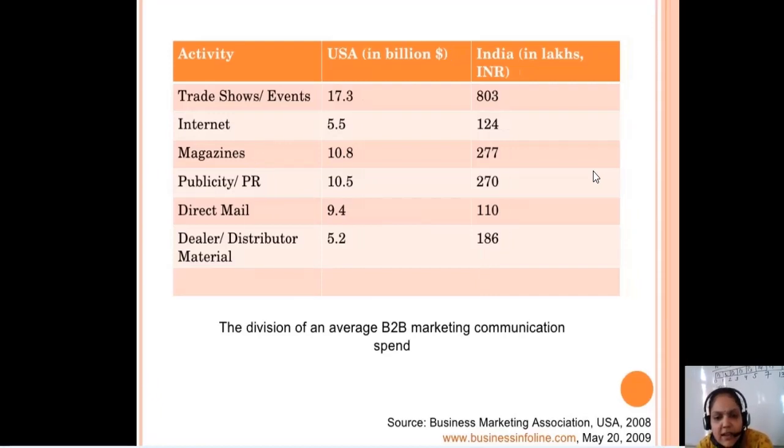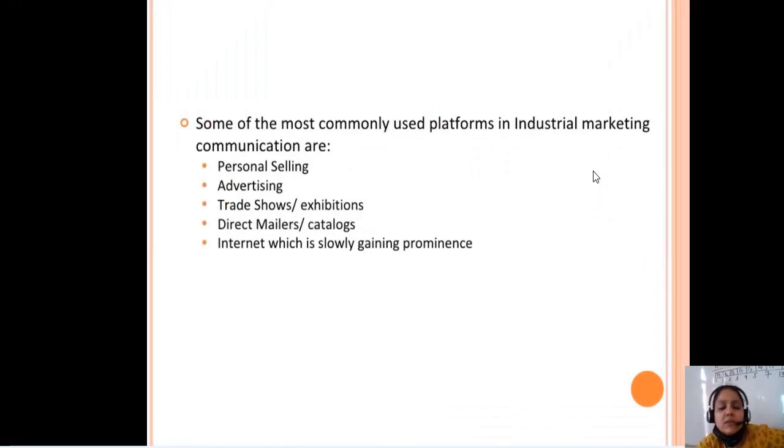Okay, now next we come to some of the most important commonly used platforms in industrial marketing. One is personal selling, means you go door to door. Then you have advertising, which is also there, but least used. Then you have trade shows and exhibitions. Basically, people perform exhibitions of the particular product that they have established and made.